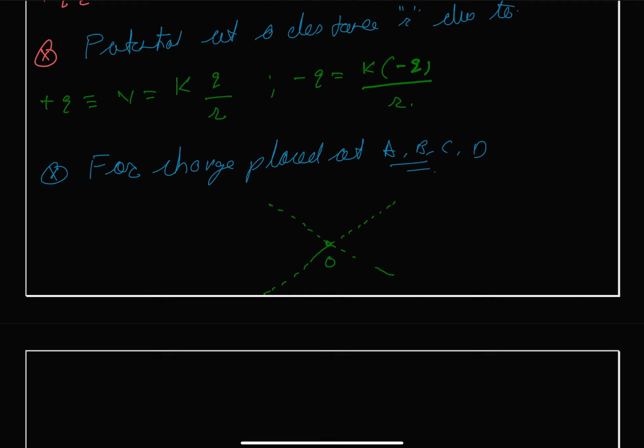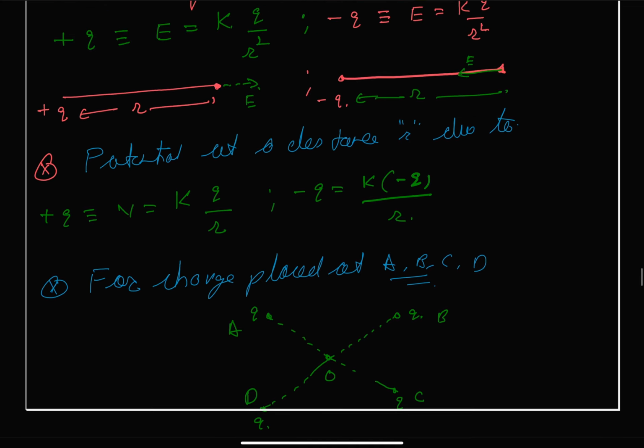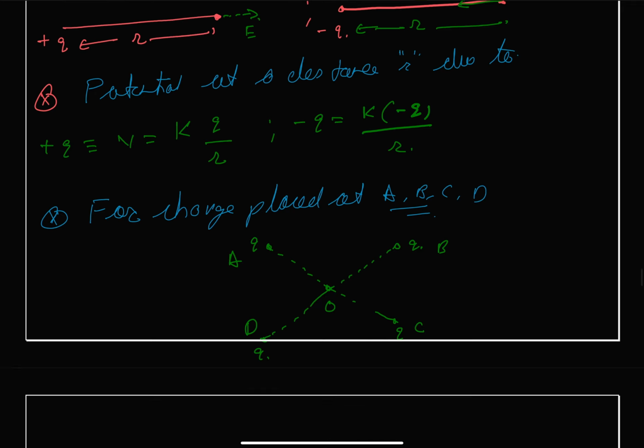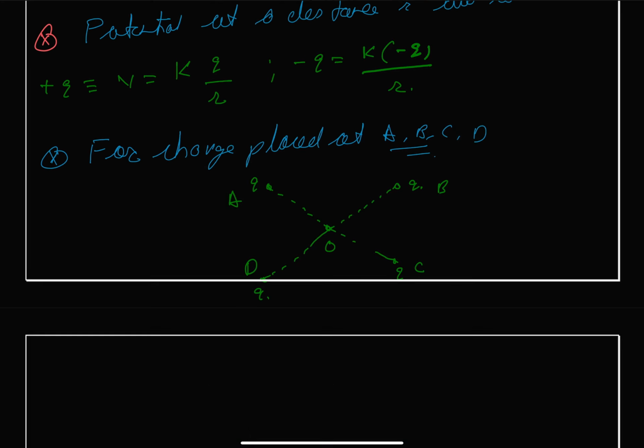This is charge q, this is also q at point A, B is also q, C is q, and this is also charge q, that is point D. The electric field for a positive charge is away from the charge, which basically means that the electric field because of charge A will be in this direction.